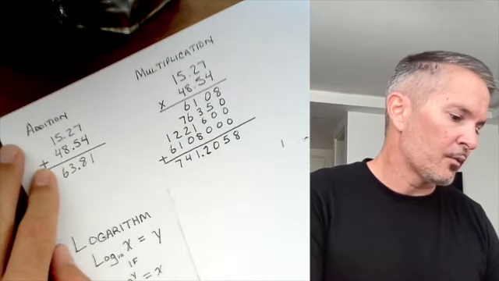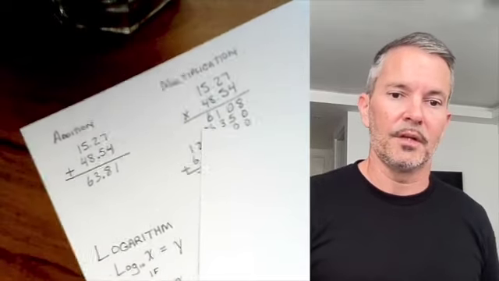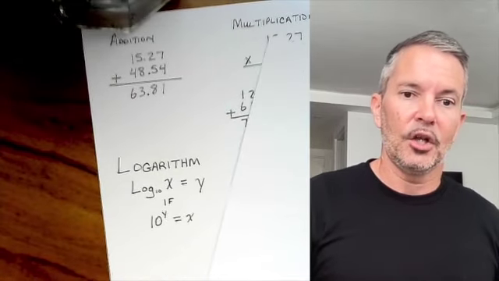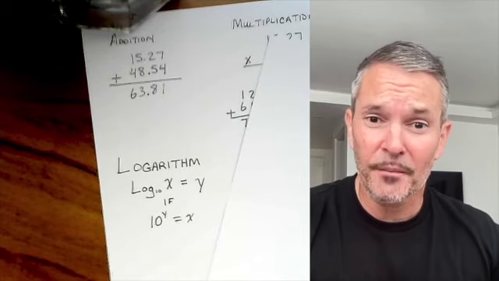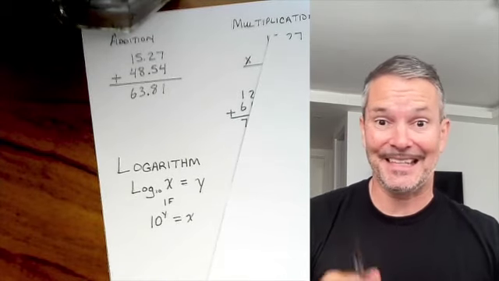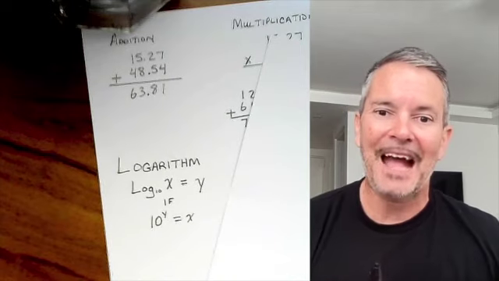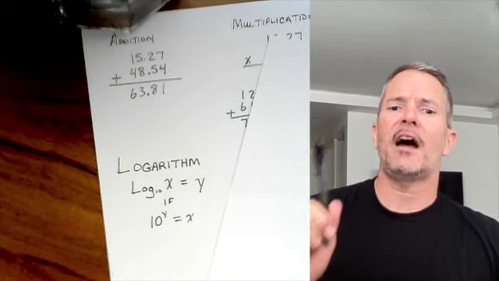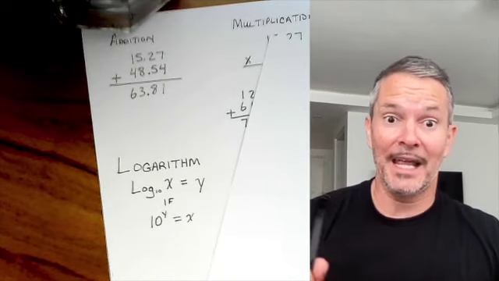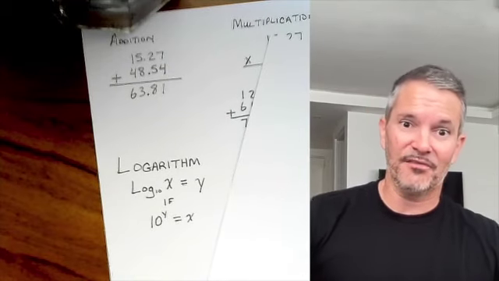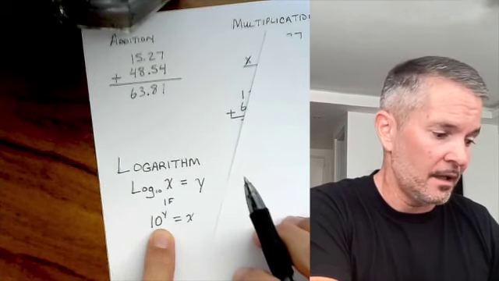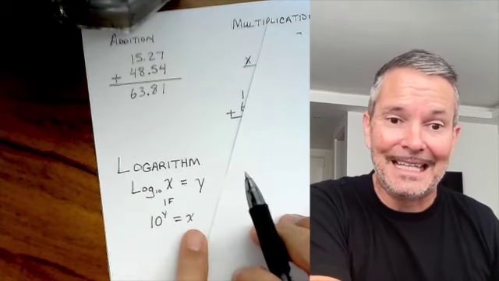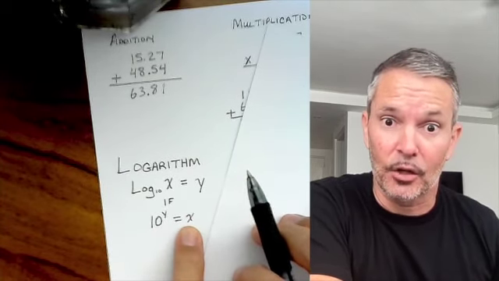So let me give you a quick refresher on what a logarithm is. To take the logarithm of a number, specifically the base 10 logarithm, we're asking, to what value do I need to raise the number 10 in order to get the number that I'm trying to take the logarithm of?